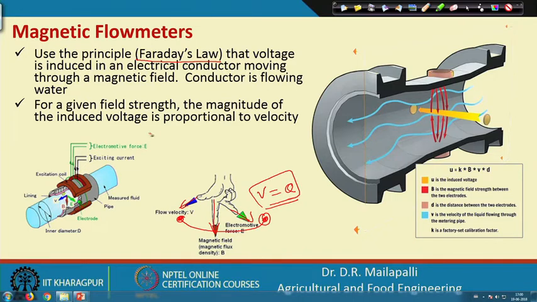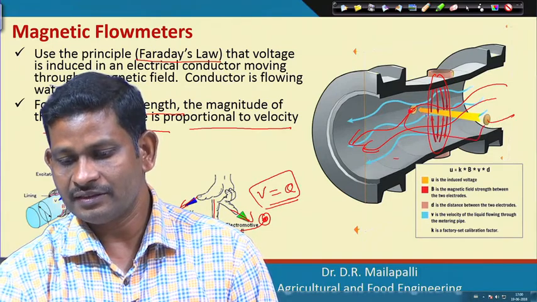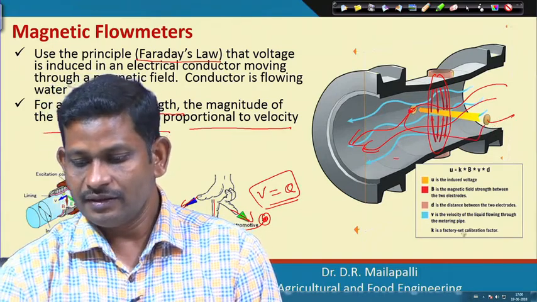So, that is a simple principle of Faraday's law for a given field strength. For a given field strength, the magnitude of the induced voltage is proportional to the velocity. Initially, the magnetic field is created and then the flow basically induces the voltage here. These are the sensors.